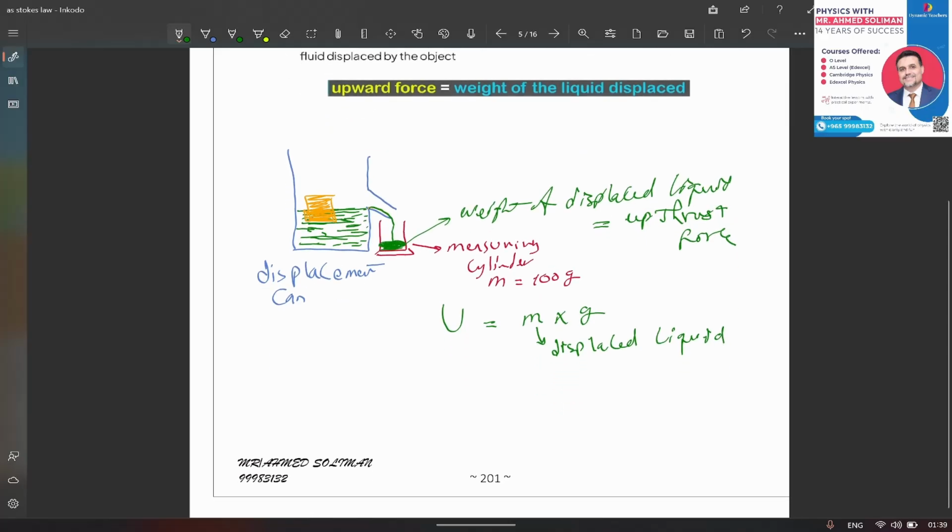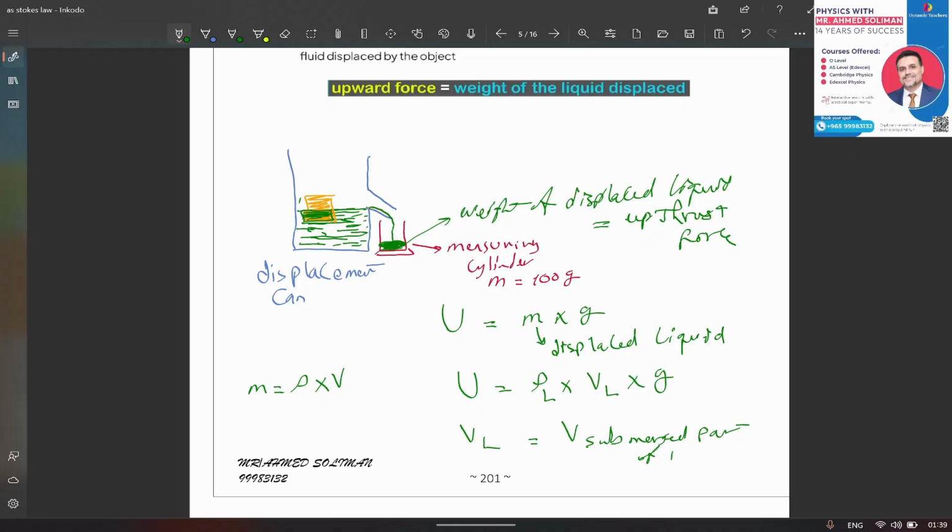And as we said, mass equals density multiplied by volume. So we replace mass with density of liquid multiplied by volume of liquid displaced multiplied by g. And of course, what is the volume of liquid displaced? It will be the volume of the submerged part. So now V_L equals V submerged part of the object.